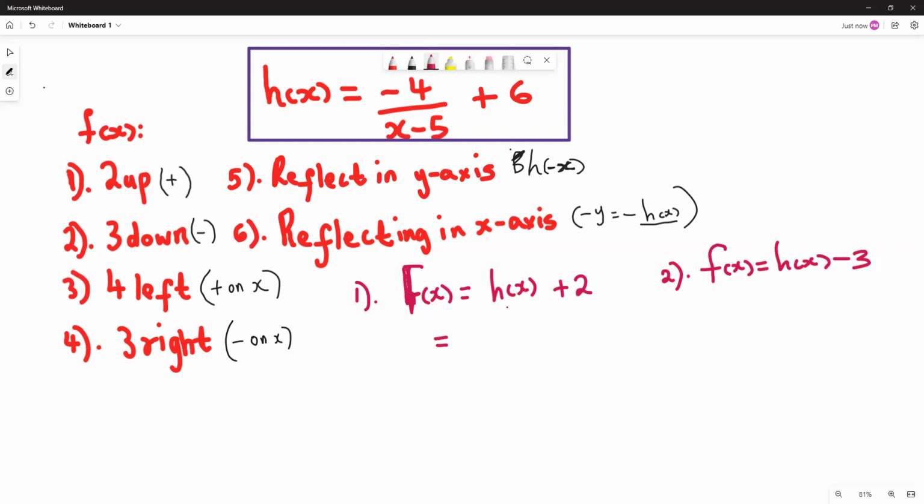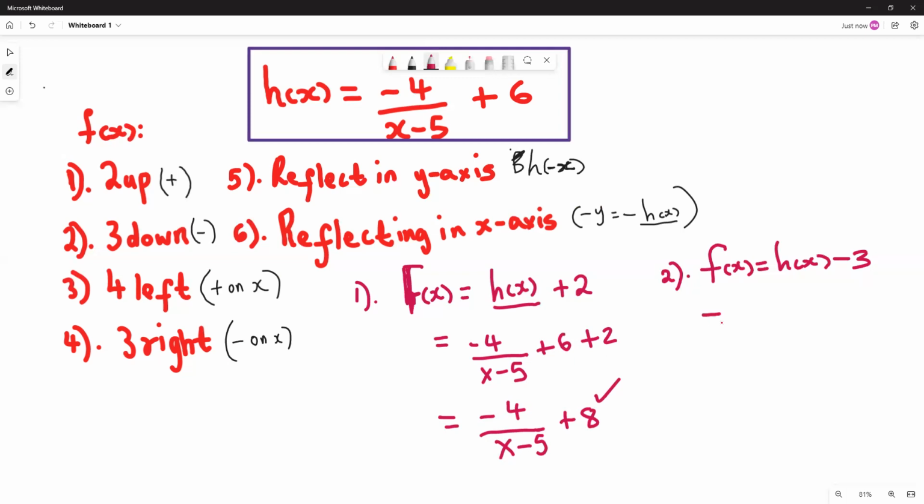I'm going to replace h of x by negative 4 over x minus 5 plus 6. That's your h of x, but you have the 2 that you are moving up. So your new function will be negative 4 over x minus 5 plus 8. And that's it for A.